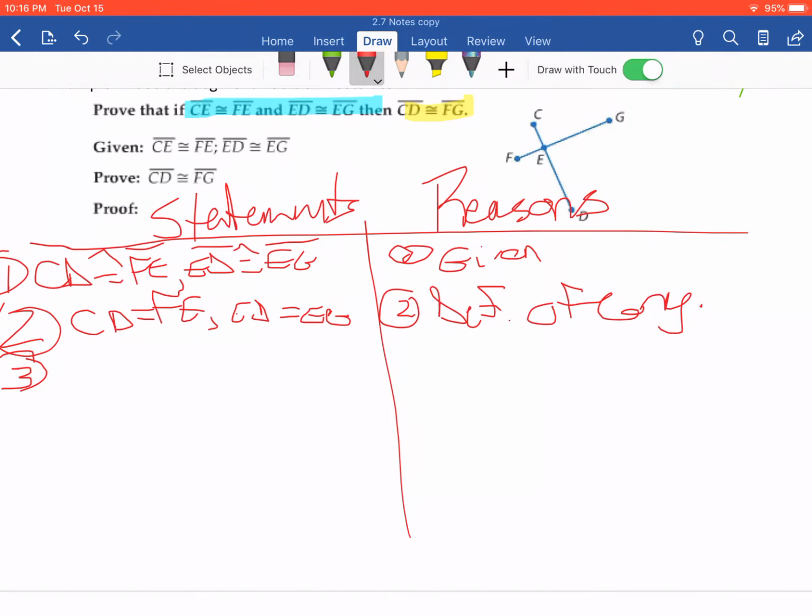The sum of the parts of the whole line CD is CE plus ED is equal to CD. And that is by the segment addition postulate.